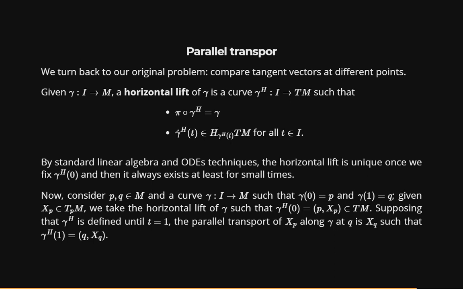Now, xq is the parallel transport of the original vector xp along gamma to q. So these horizontal lifts give us a way to travel from the tangent space at P to the tangent space at Q. And you can prove that they give you an isomorphism between the two tangent spaces.